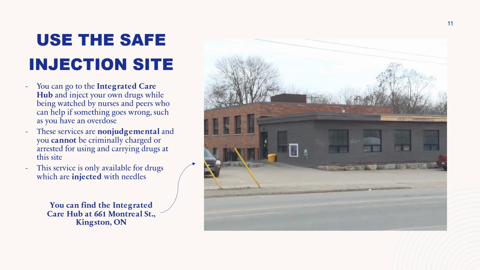And so they can act if something does go wrong. For example, if you were to overdose, they would be able to react and do something about it and provide help to you. An important part of these services is that they are non-judgmental.